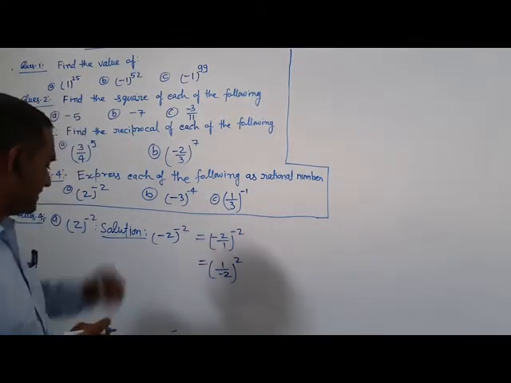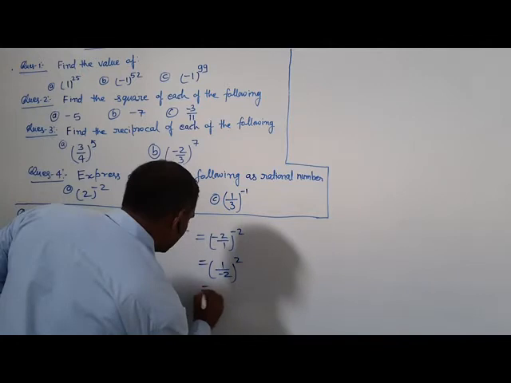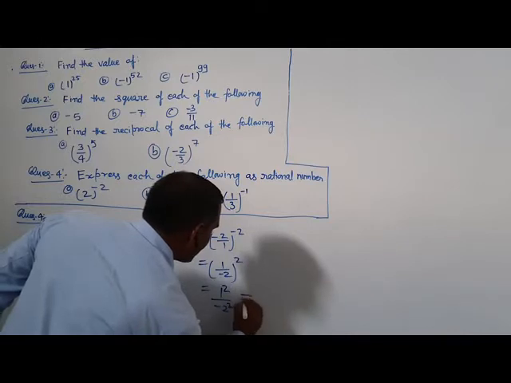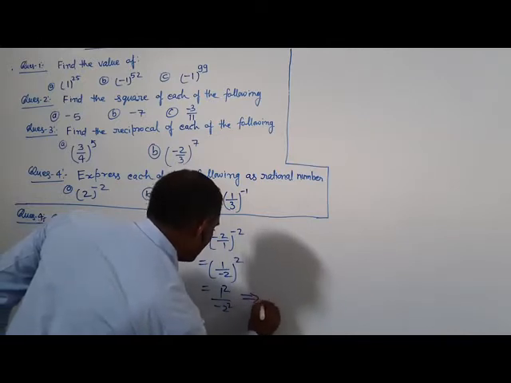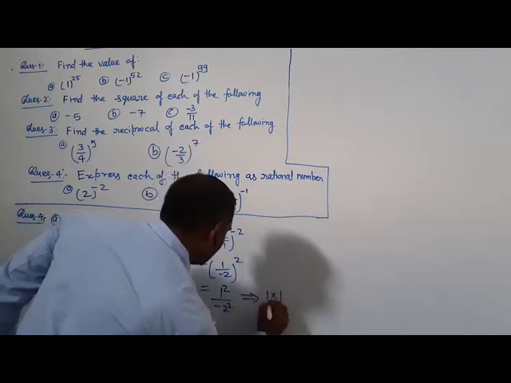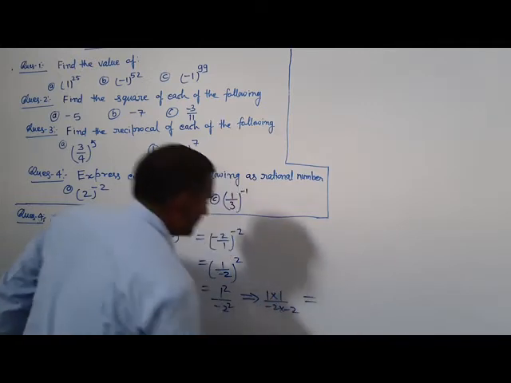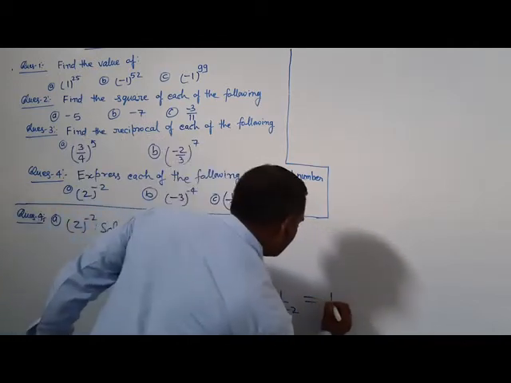So open this. 1 raised to the power 2 over minus 2 raised to the power 2. 1 into 1, and minus 2 into minus 2. 1 times 1 is 1.